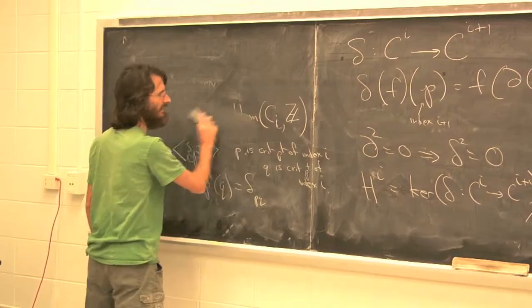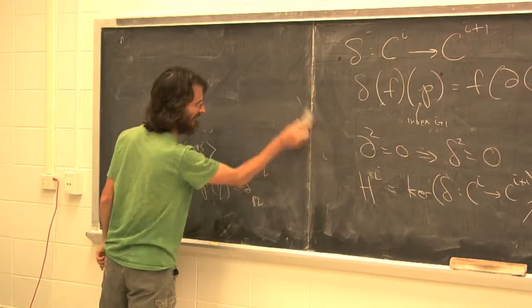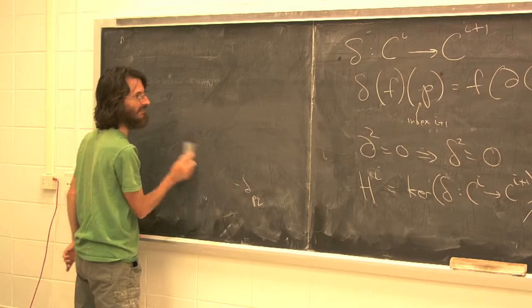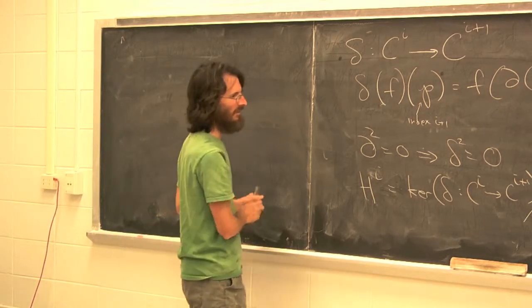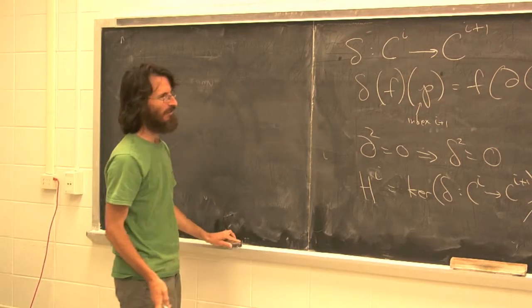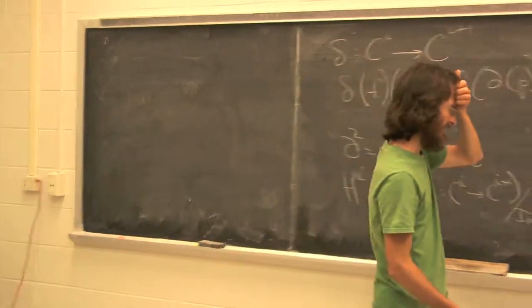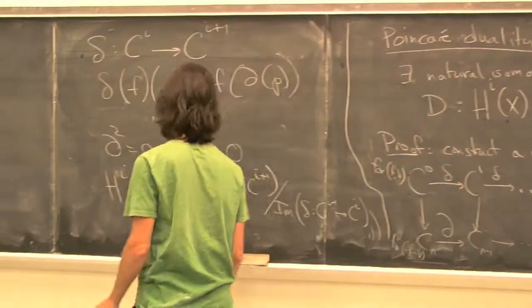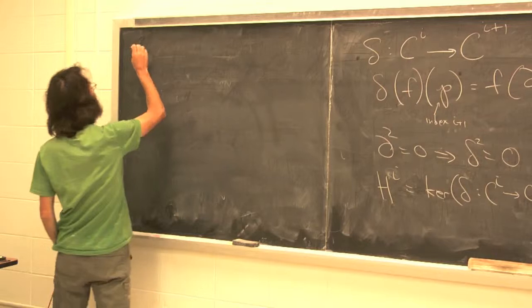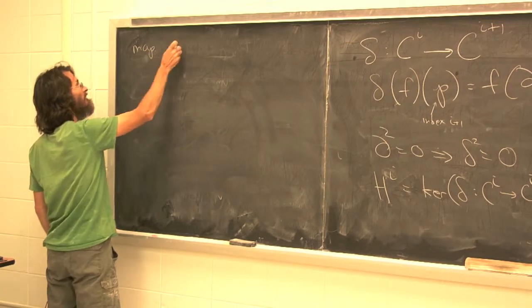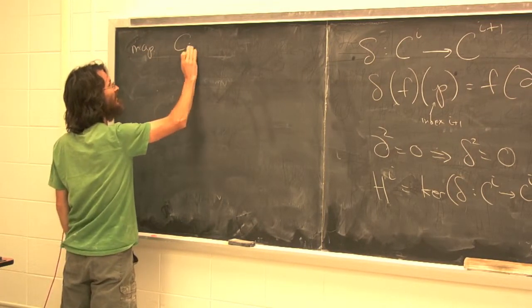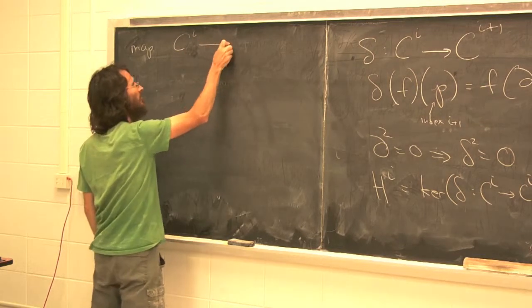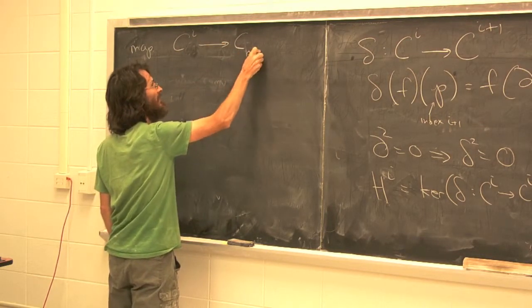And so, well, we can finish this in 3 minutes because it's pretty easy. The point is that, first of all, the map is clear. The map from C upper i to C lower n minus i.